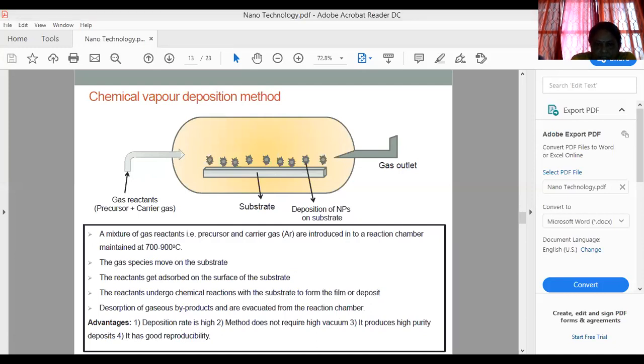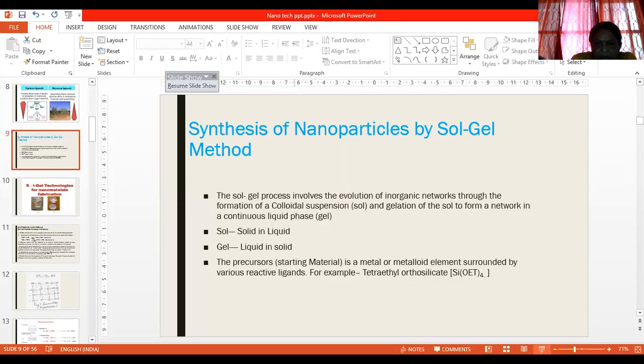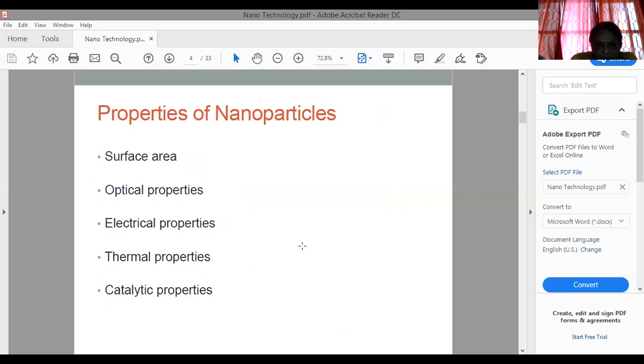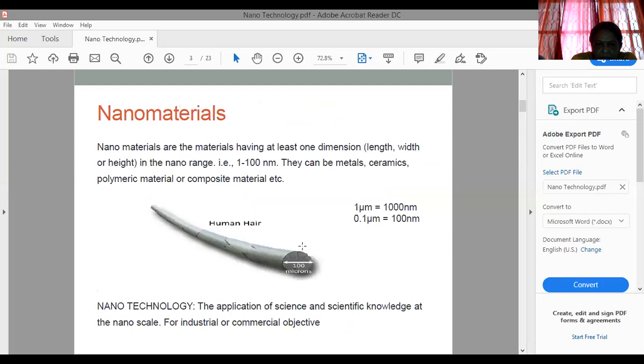So this finishes your 3 processes of preparation of nanomaterials. Okay. So once you learn what nanomaterials are and how to prepare them, then you must also know what the properties of the nanoparticles are, how the nanoparticles change their properties, and how they become different from the bulk properties.